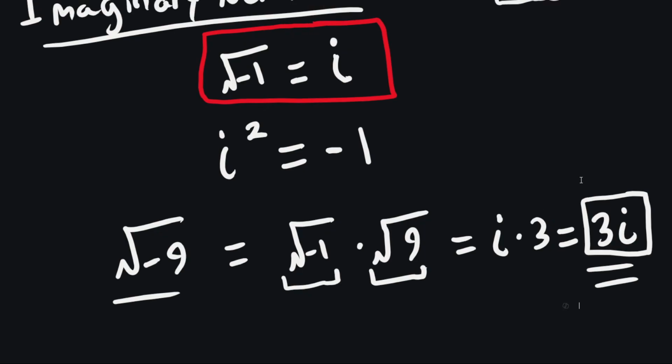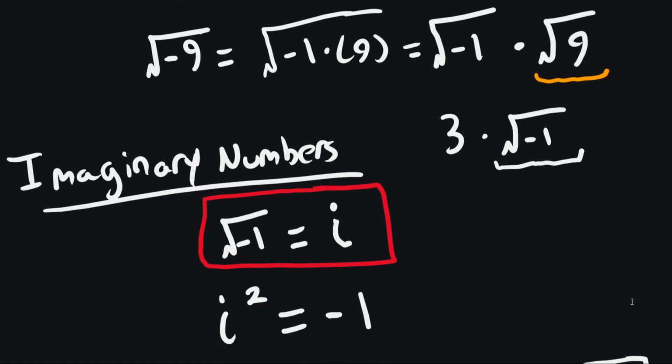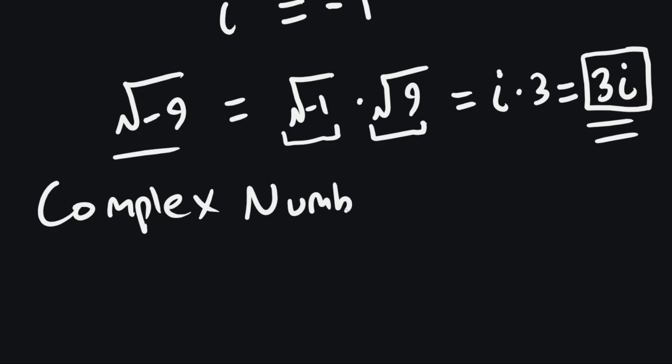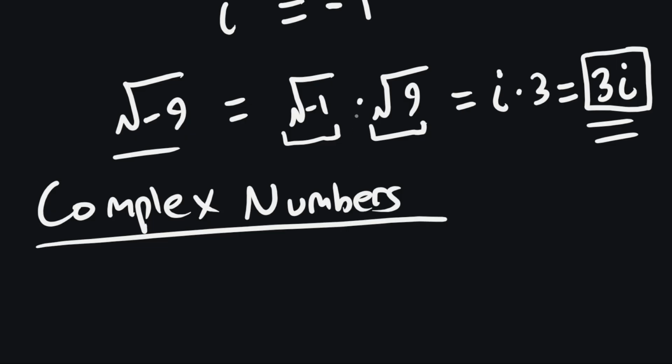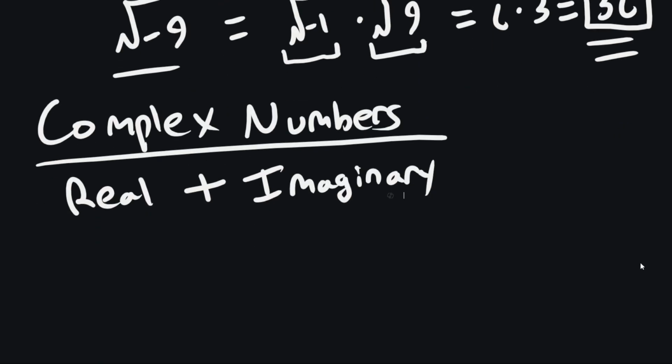And now let's talk about complex numbers. A complex number is a number that has a real part plus an imaginary part. To write down an example, here is 6 plus 3i.